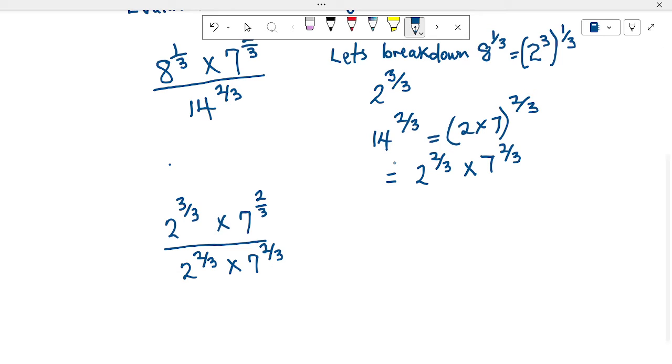I could as well put 2 raised to power 1 there, which I'm even going to put. But there is a step I just want us to go through. That's why I left it that way. And so, gathering like terms.